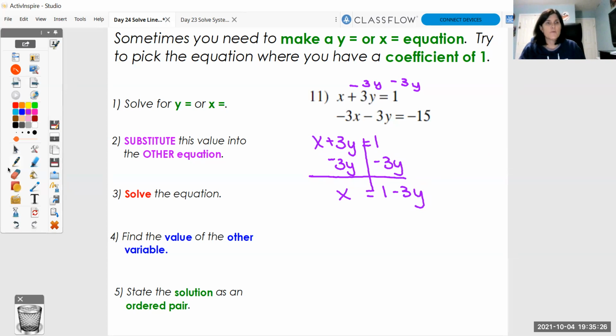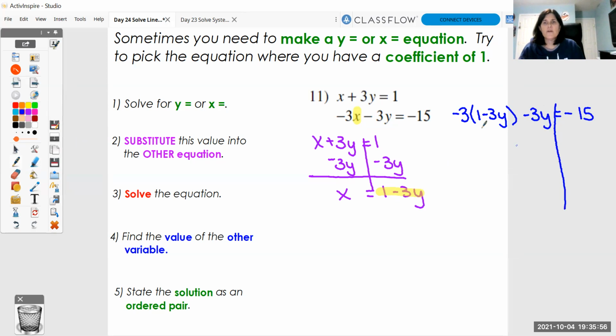Okay, so now that I have a new name for x, another way to say x is 1 minus 3y. I'm going to go to the second equation, and where I see x, I'm going to substitute that new name. So we've got -3 times (1 minus 3y) minus 3y equals -15.